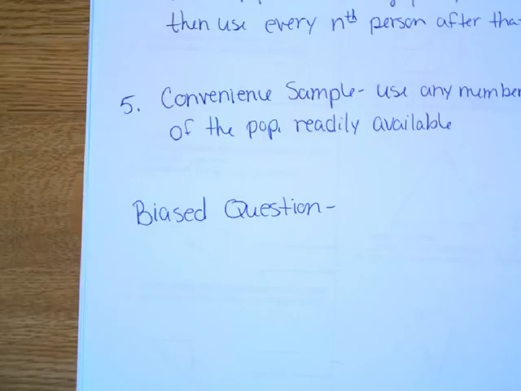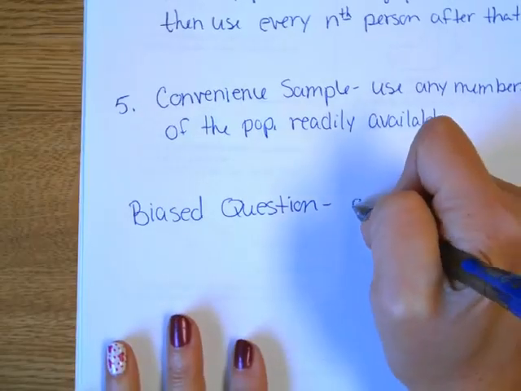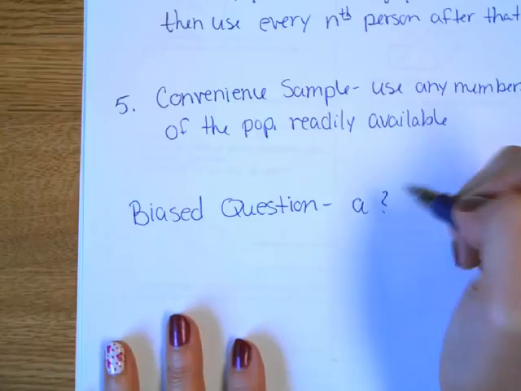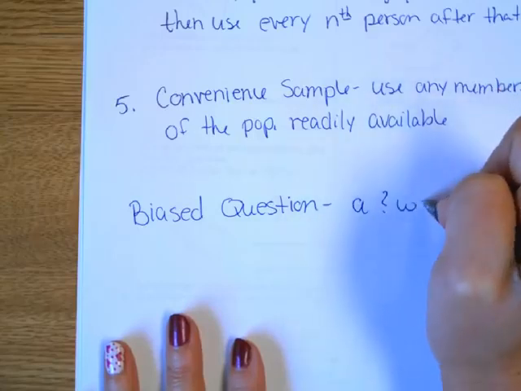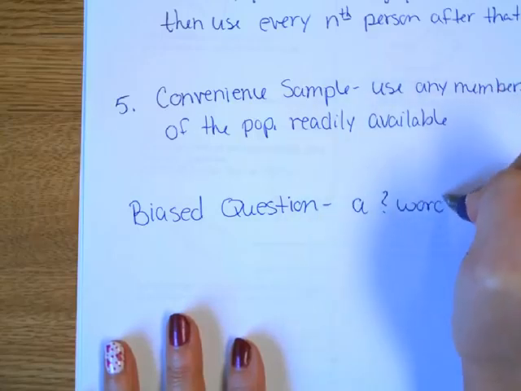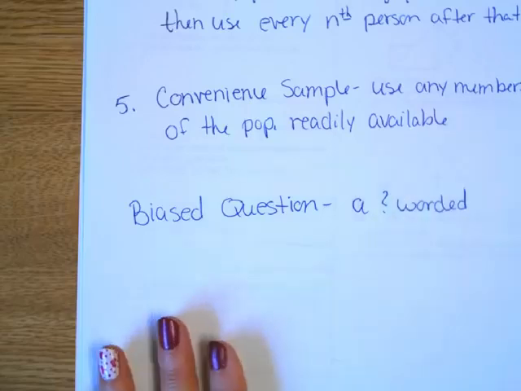So a biased question on your survey. What's a biased question going to look like? What makes it biased, do you think? Well, the only thing I could think of is your facial expressions. If you were like, oh yeah, do you like Gatorade? Powerade. That's one way.